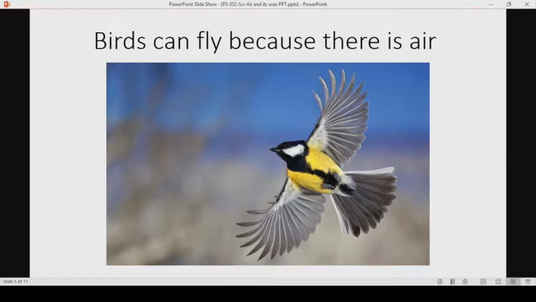Birds. Excellent. What can birds do that we can't? And where do they fly? In the air, up in the sky. Birds can fly because there is air. If there was no air, birds would not be able to fly.